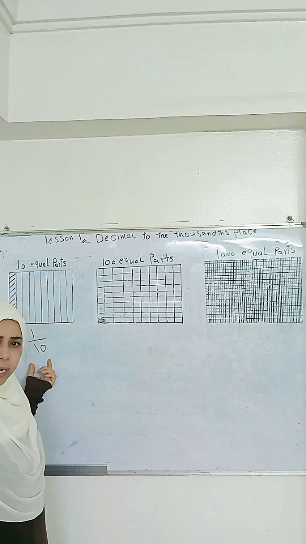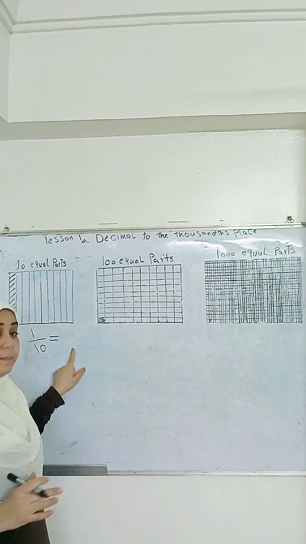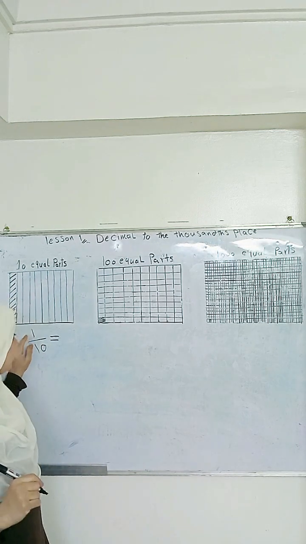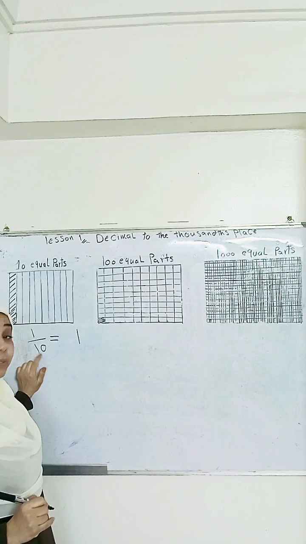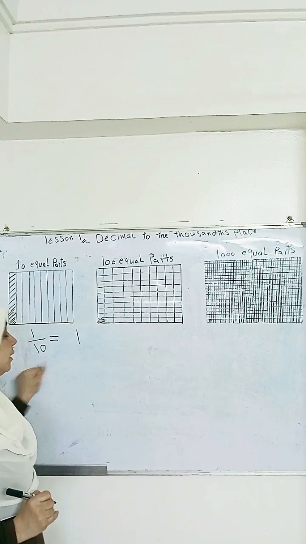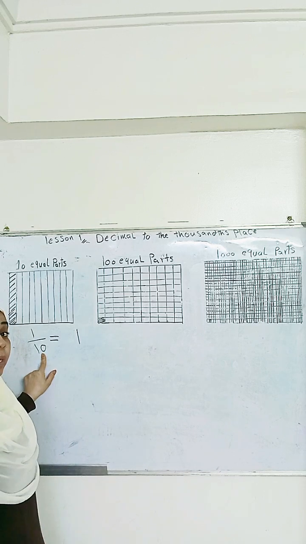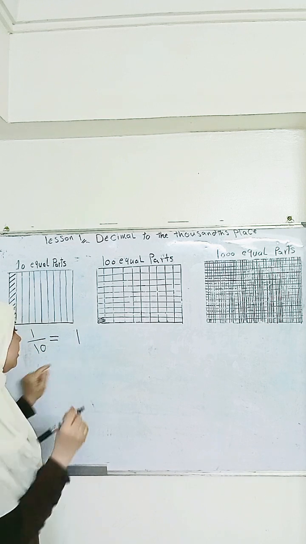This is a fraction. How can we convert from fraction to decimal? Do you remember? Yes. Step number 1: put down the numerator, 1. How many zeros are under it in the denominator? 1 zero. So we will put the decimal point after 1 digit.